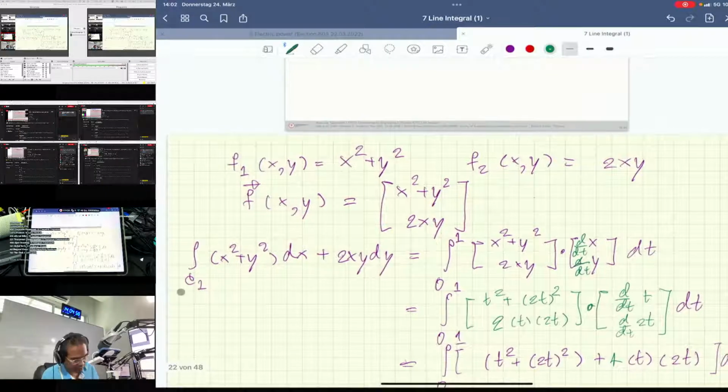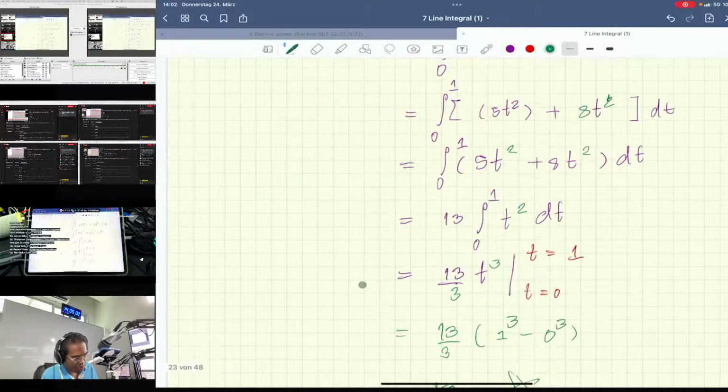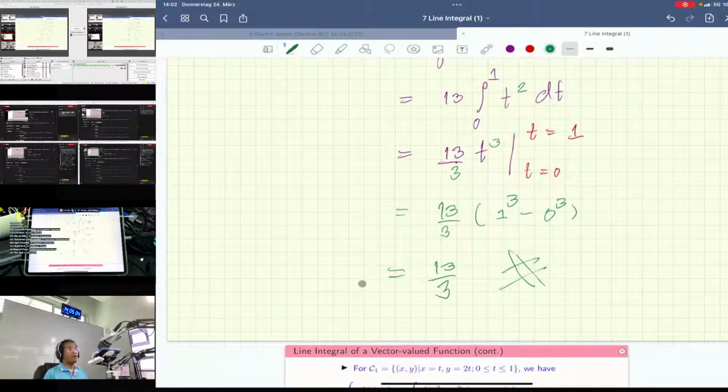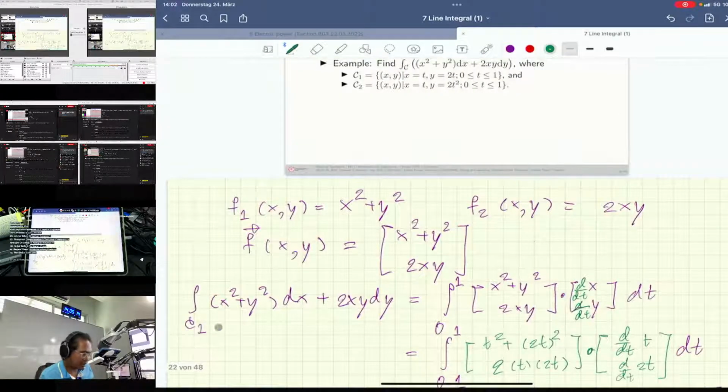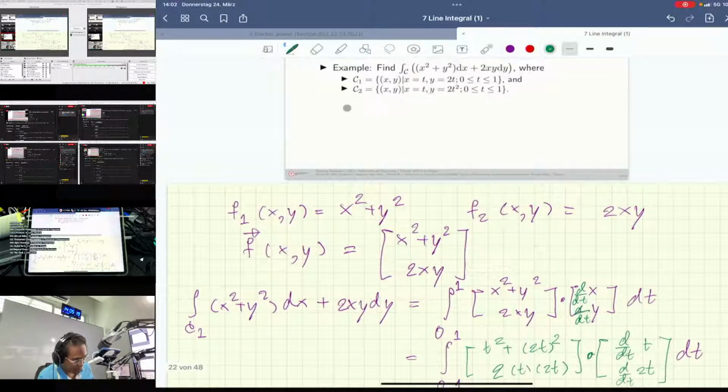Okay, find C2 of this one. Integrate this one, but along C2. Okay, integration like this but replace C1 by C2, and C2 is this one.